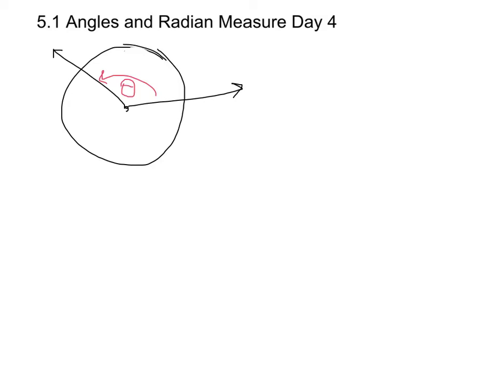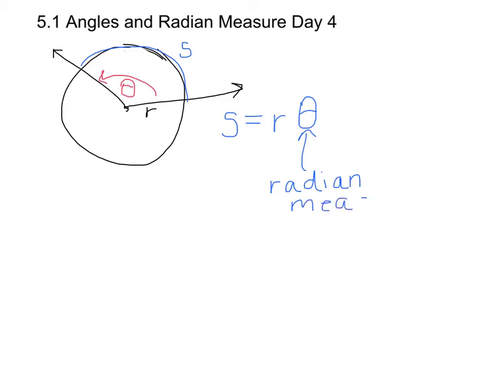And this is R, and here's S, which is our arc length. So in order to find S, we do R, which is your radius, times theta, which is the measure of your central angle. And very important, this angle is a radian measure. So if they give it to you in degrees, you're going to have to convert that to radians.